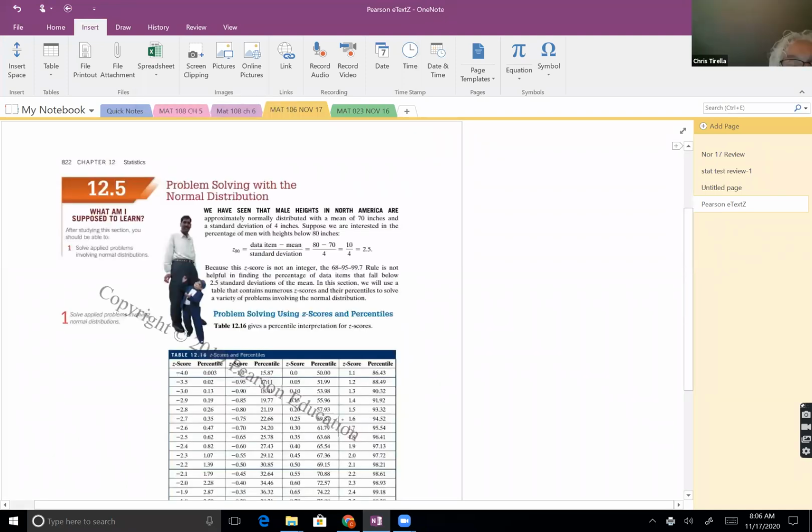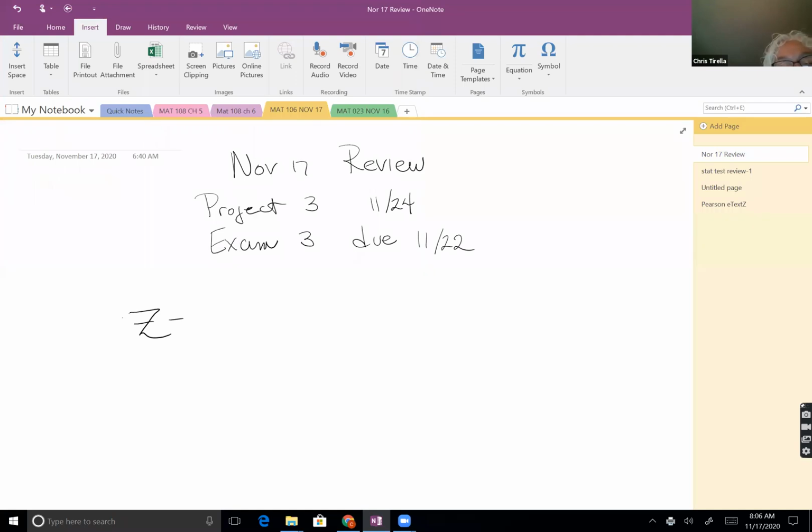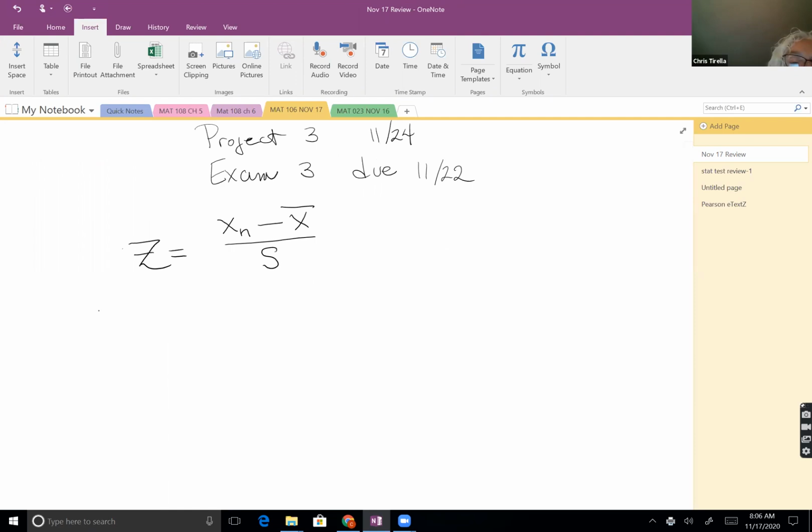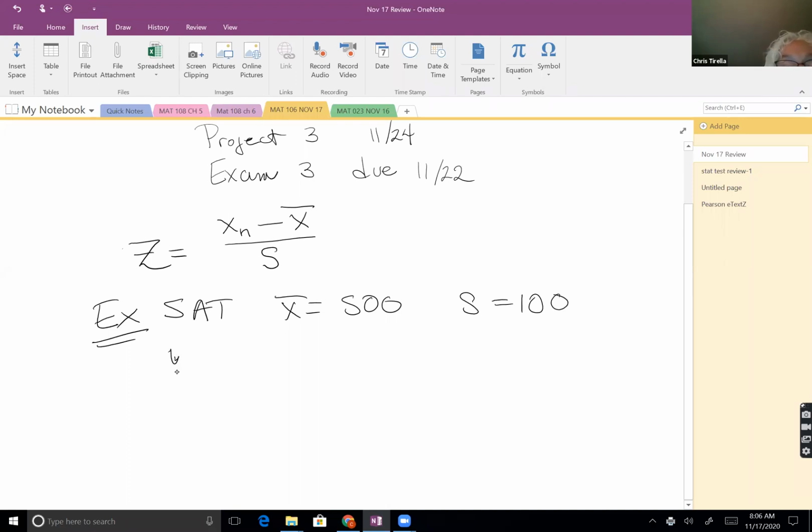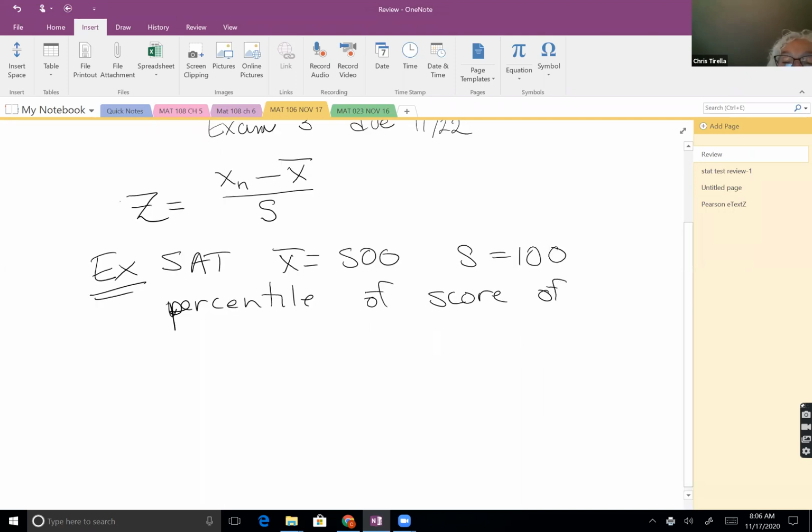So let's go back. Z-score, we said, was equal to the data value minus the mean divided by the standard deviation. So let's say, for example, I'm looking at an SAT exam where the mean is 500 and the standard deviation is 100, and I want the percentile of a score of, let's say we did really good, 750.